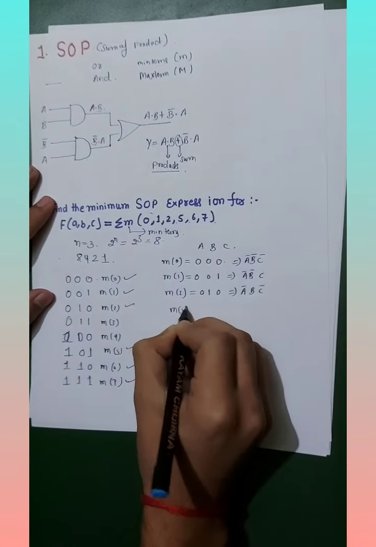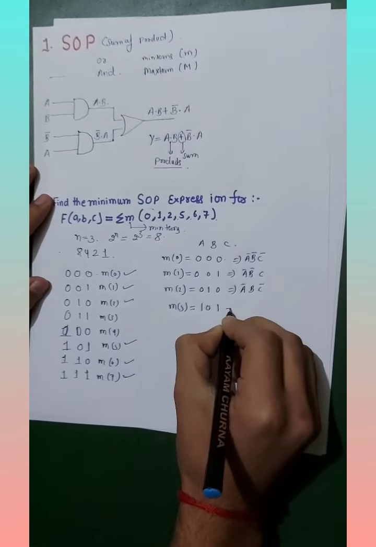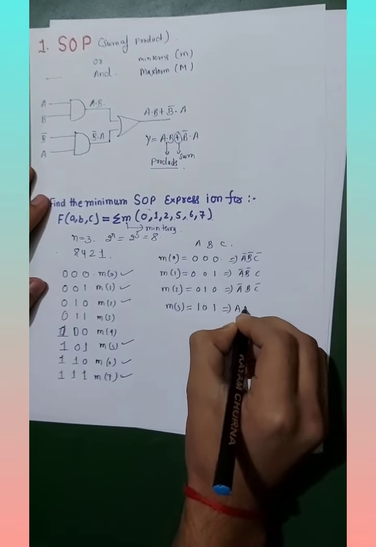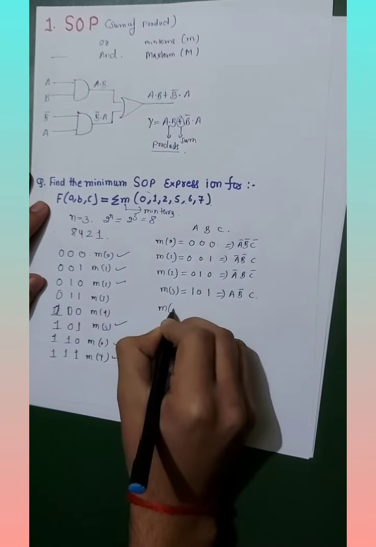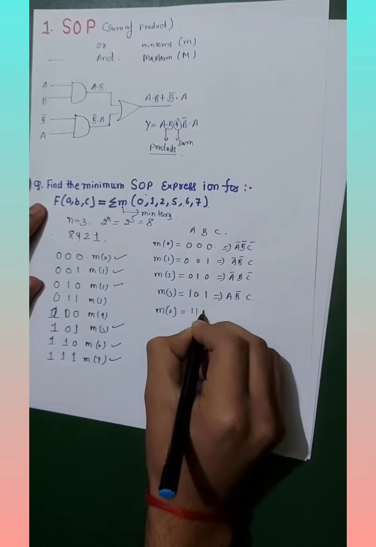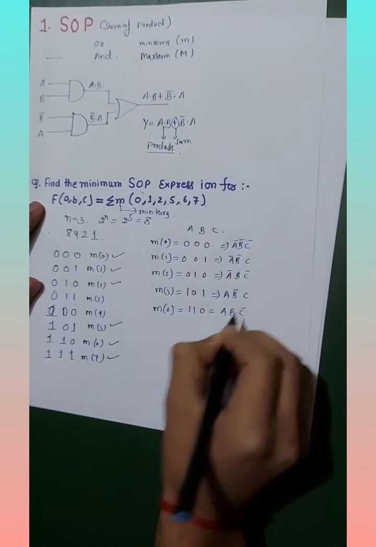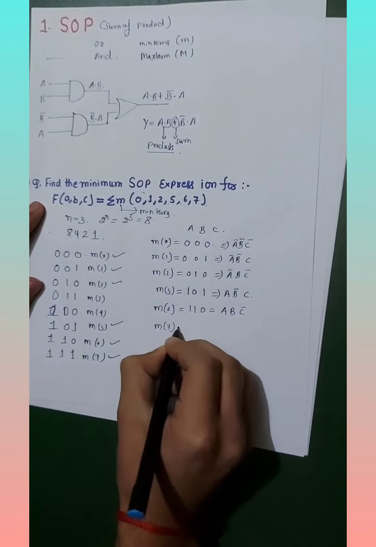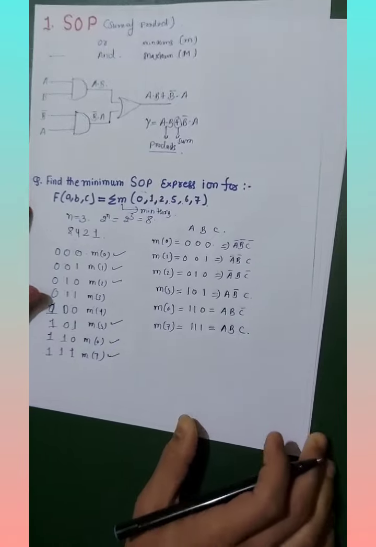For M5 we have 1 0 1, so a, b bar, c. For M6 we have 1 1 0, so a, b, c bar. And M7 we have 1 1 1, which means a, b, c.